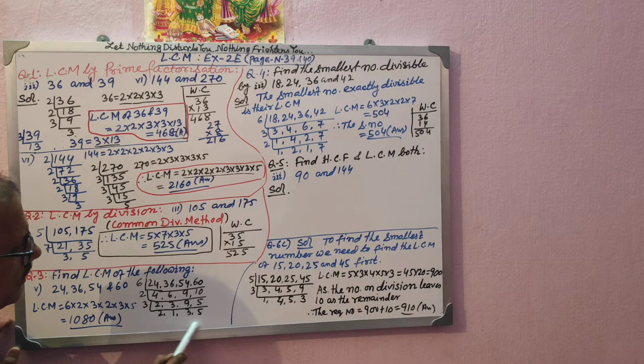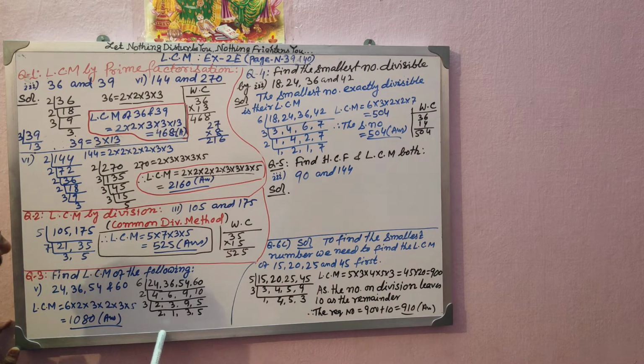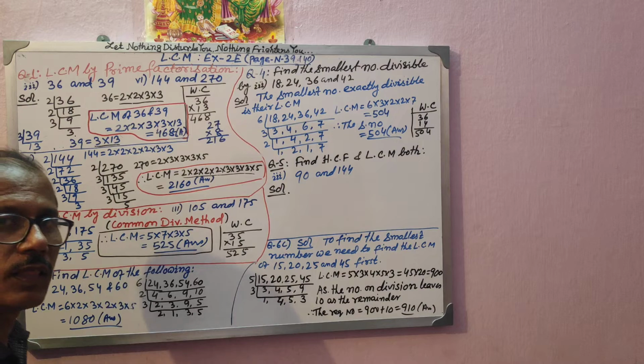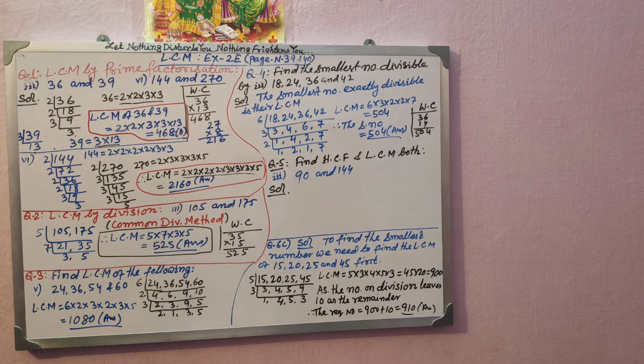Now you don't have any divisor which can divide 2 of the given numbers. So LCM will be 6 into 2 into 3 into 2 into 3 into 5, all the numbers. Taking 1 in the multiplication makes no difference, because 1 multiplying anything gives the number itself. That is why we omit 1.